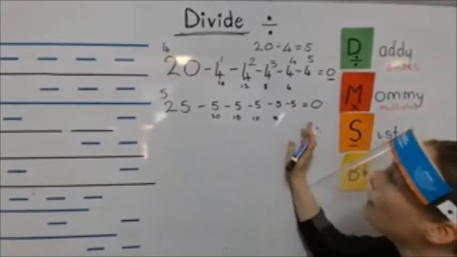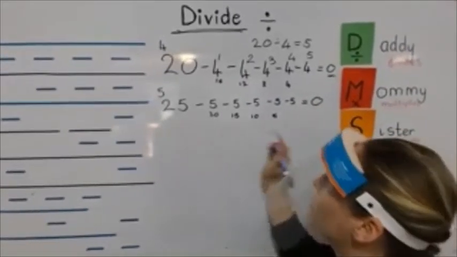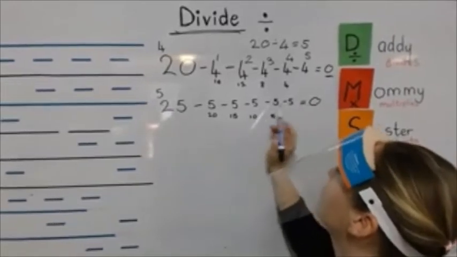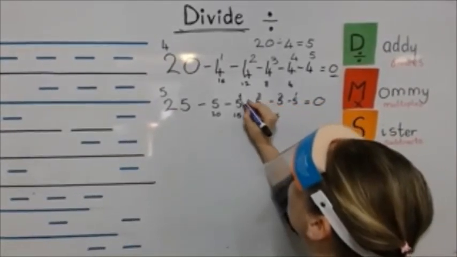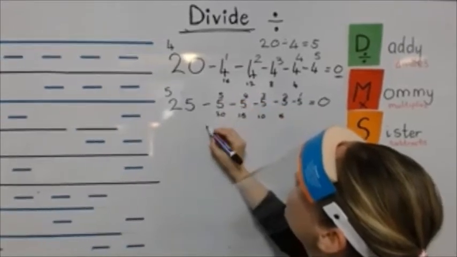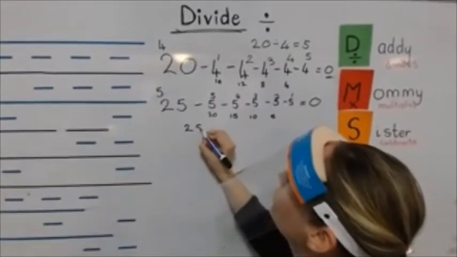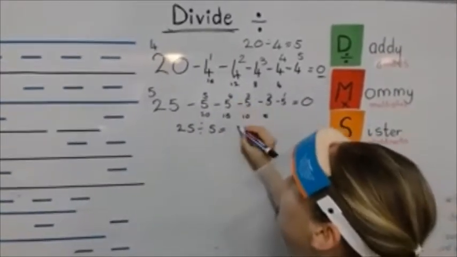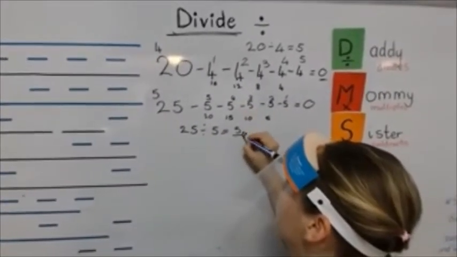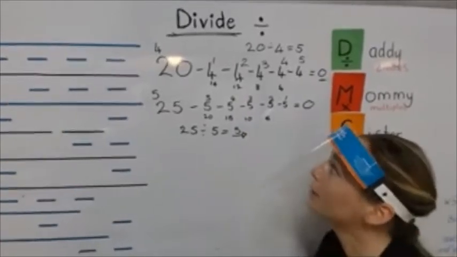So let's see how many 5s we have to take away to get to 0. 1, 2, 3, 4, 5. That means that 25 divided by 5 is equal to 5. That's another way of dividing that you can use.